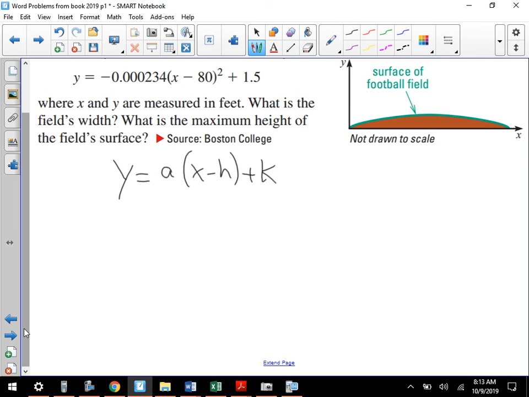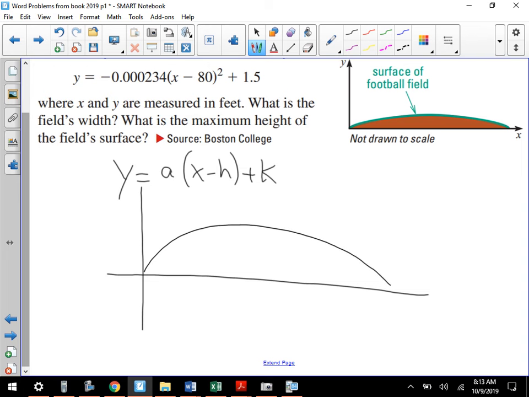So my vertex is at (80, 1.5). Which means at the center of the football field, how much taller is it than on the ends? 1.5. It also means that the halfway point of the football field is an x value of 80 feet. How wide is the football field?